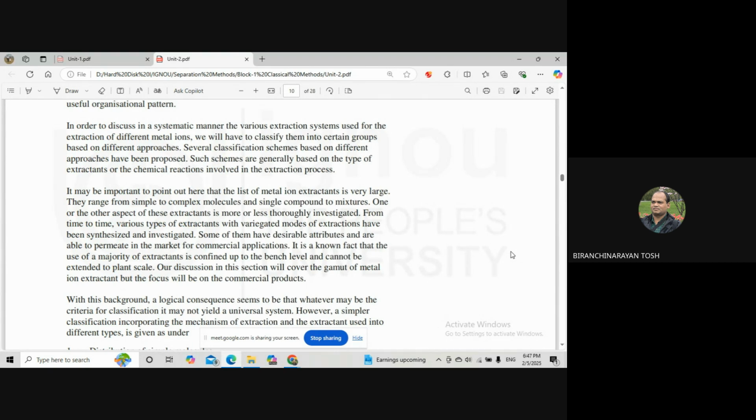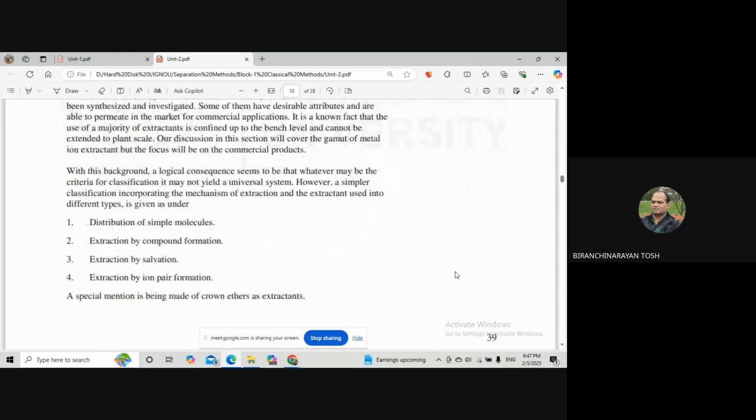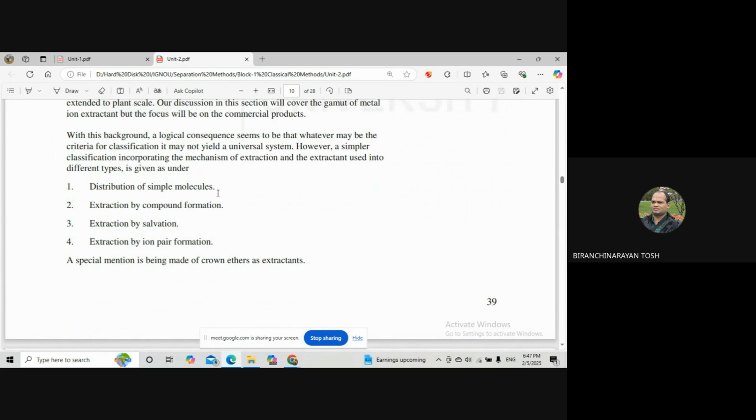However, a simpler classification incorporating the mechanism of extraction and the extractant used divides them into types: distribution of simple molecules, extraction by compound formation, extraction by solvation, and extraction by ion pair formation.